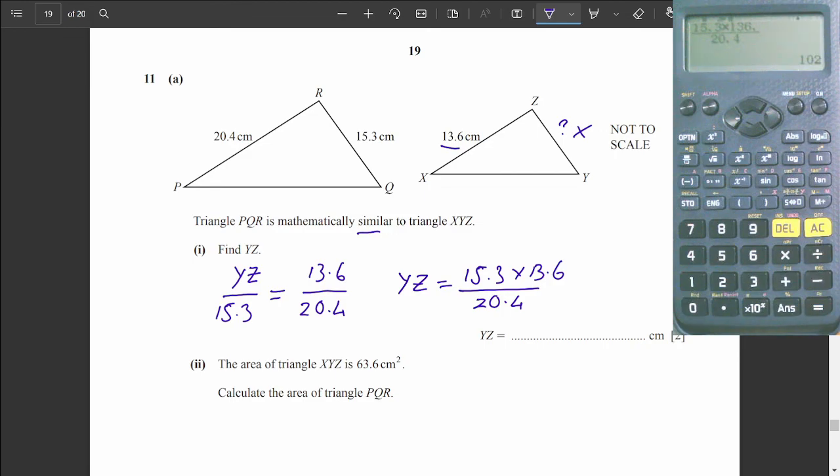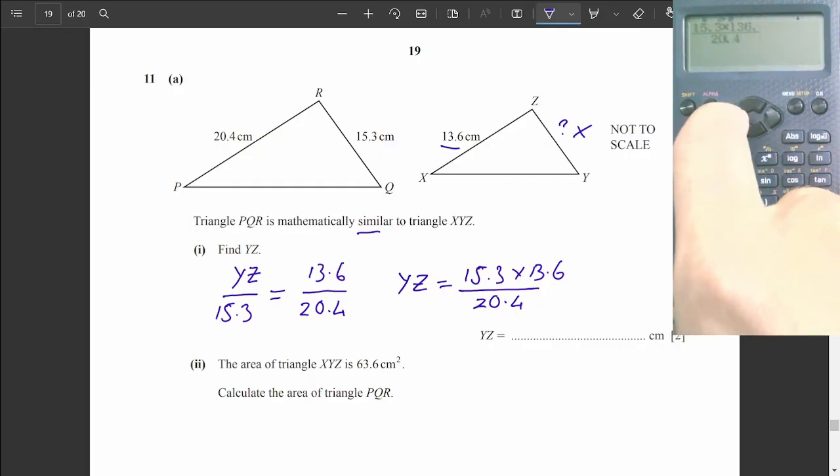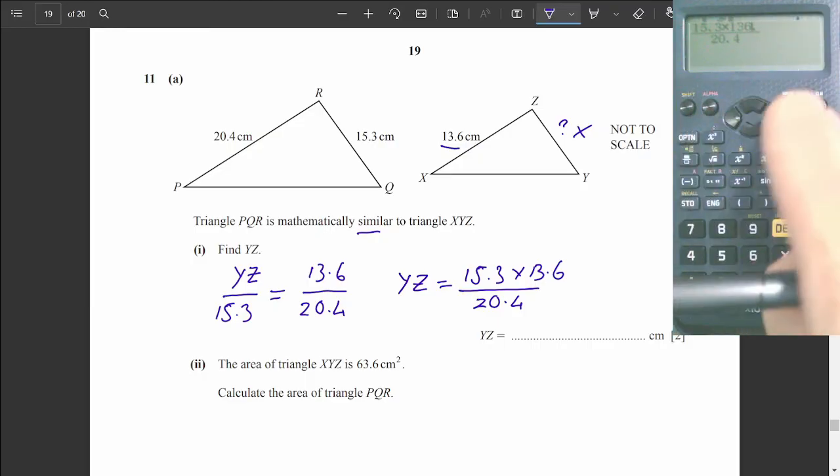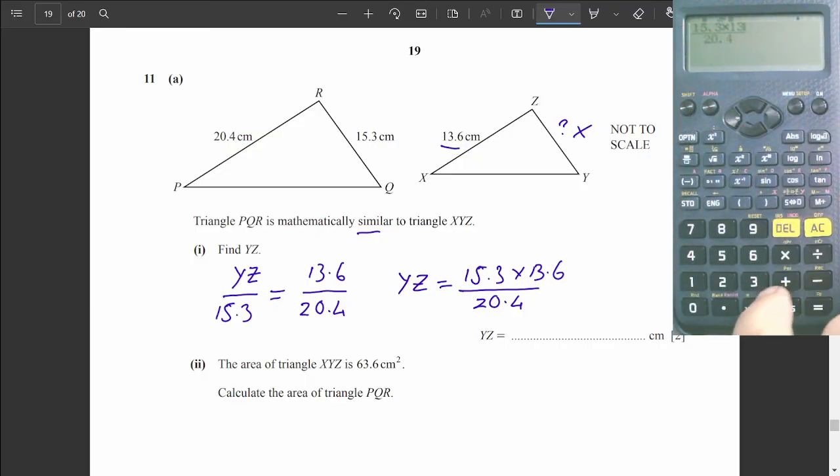Bam, got 100. Yeah, 102 can't possibly be right because I put that decimal point in the wrong place. So let's just correct that. Now that makes more sense. 10.2.